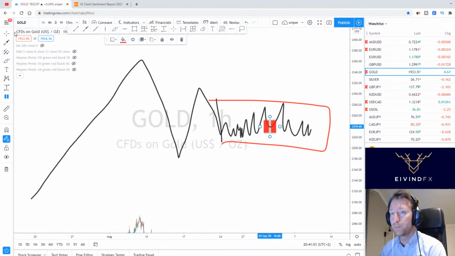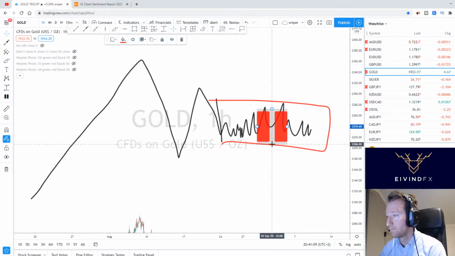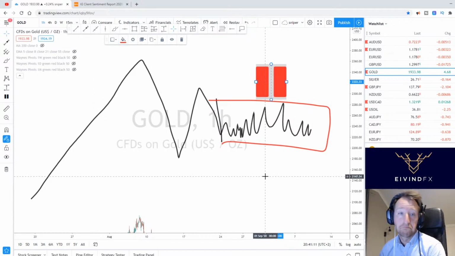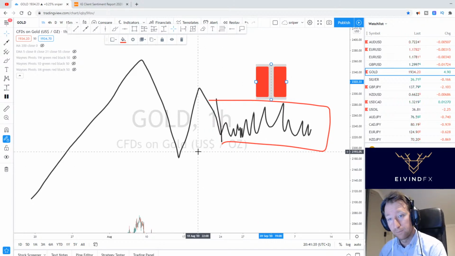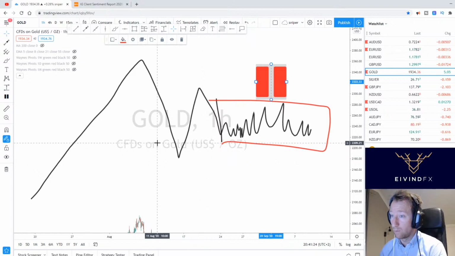That means it's paused. The market is dead. Its equilibrium is just ranging. So, what I want to see, I want this to go higher. Until that happens, I will just let it be. Nothing more than that.